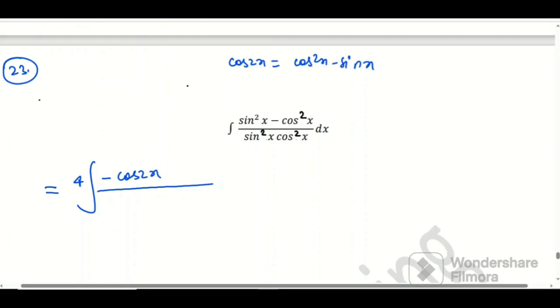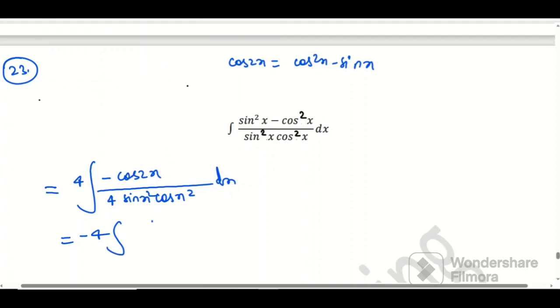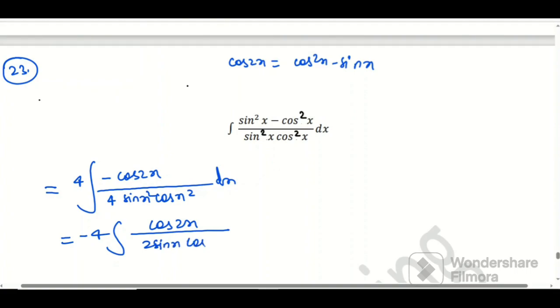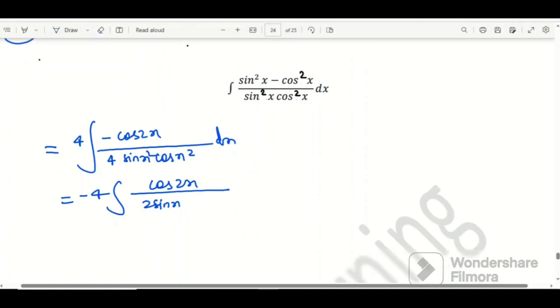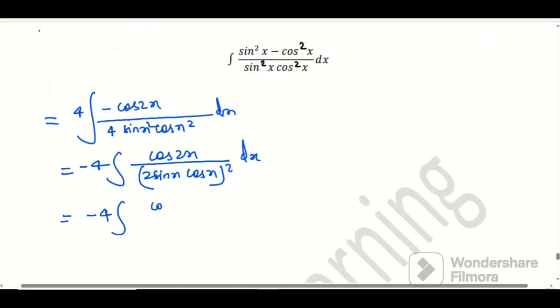I'll write 4 in multiplication, and outside I'll put 4 sin x into cos x dx. So I can take minus outside: 4 into cos 2x upon 2 sin x cos x, whole square, dx. So I will get minus 4 into cos 2x upon sin square 2x dx.